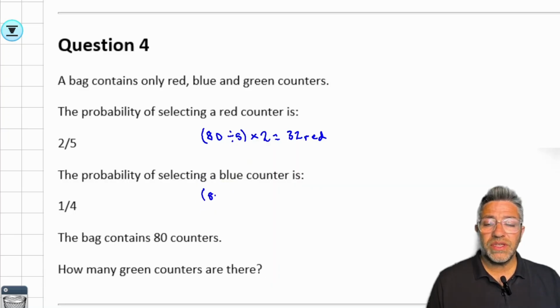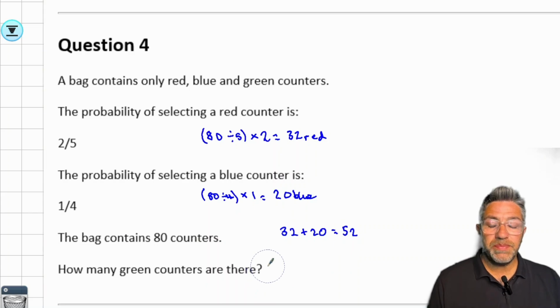A blue counter, 80 divided by 4. I will write the times 1 in just for consistency. That will give us 20 blue counters. But we need the number of green. Well, 32 add 20 gives us 52.